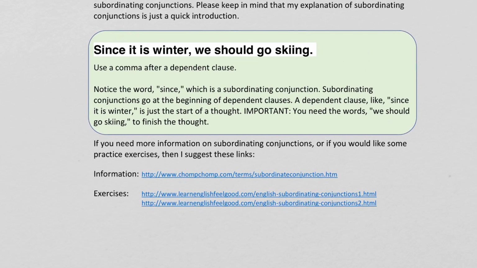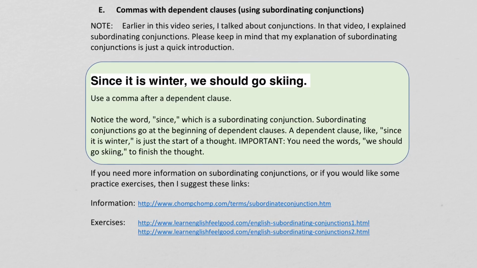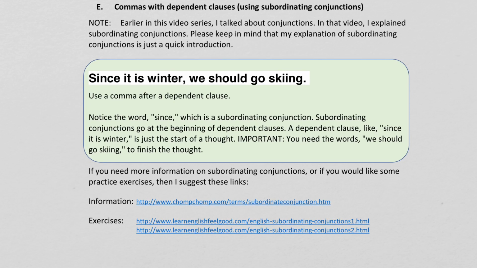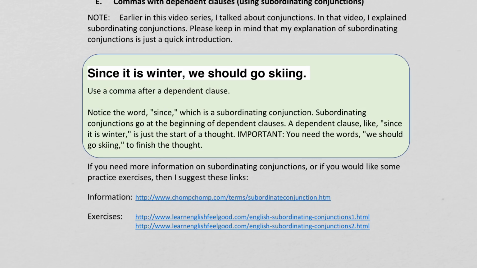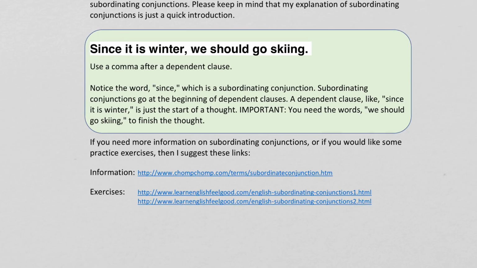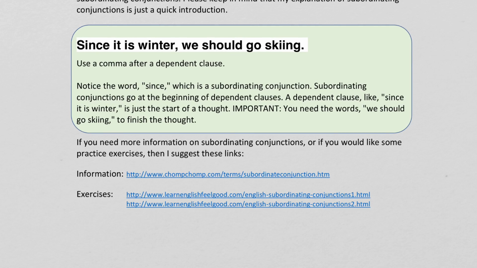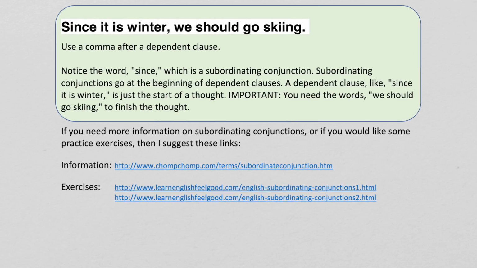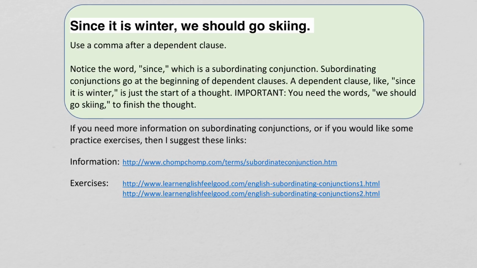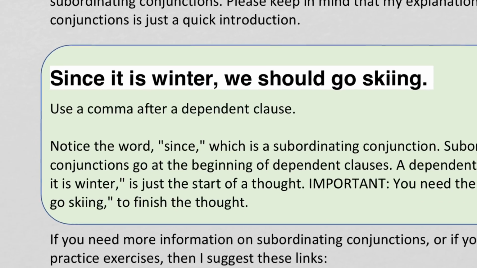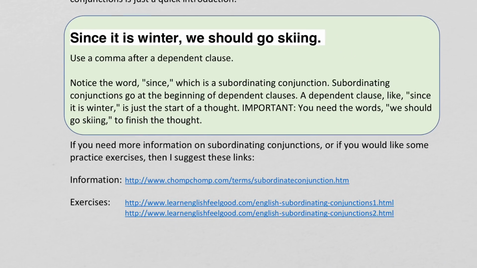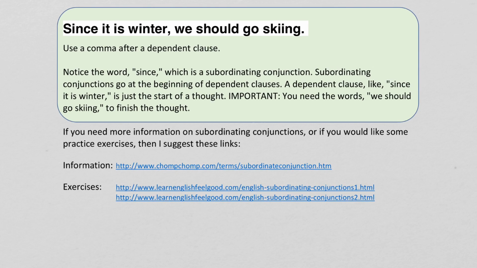Alright, so here's my example of using a dependent clause, using a subordinating conjunction. Since it is winter, comma, we should go skiing. Since it is winter, we should go skiing. So you use a comma after a dependent clause. And the dependent clause is since it is winter, right? Since it is winter, comma, we should go skiing.